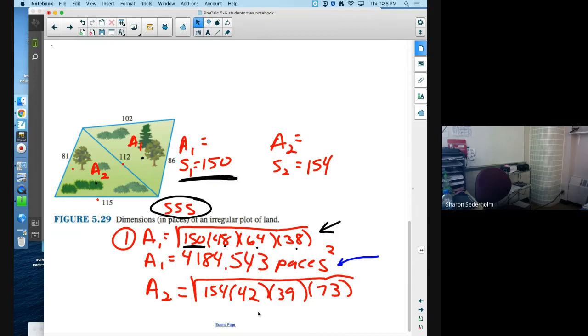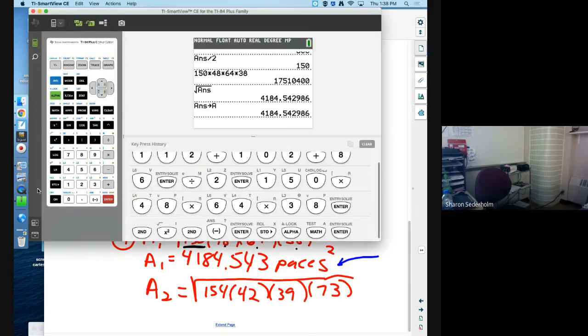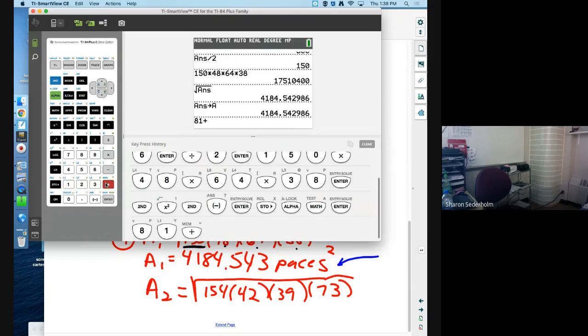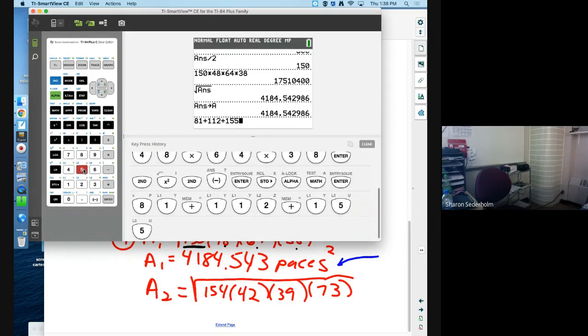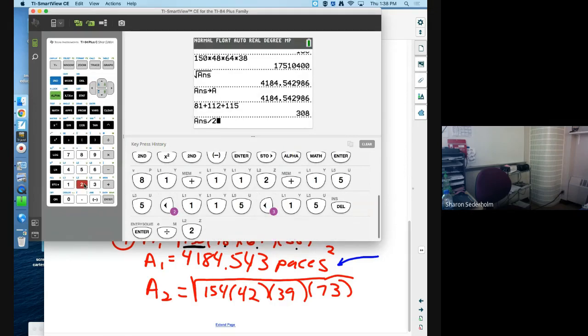And then I go to the second triangle. In the second triangle, we have to figure out the semi-perimeter. So 81 plus 112 plus 115. Oops, not 155. There, divided by 2.